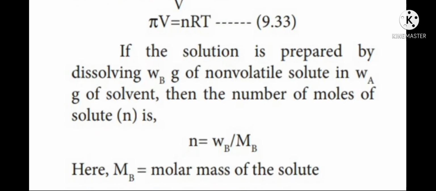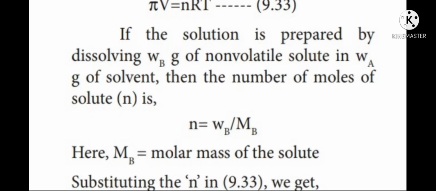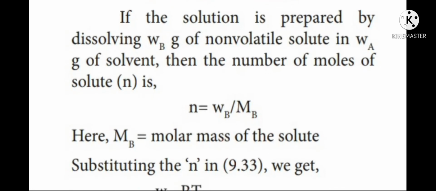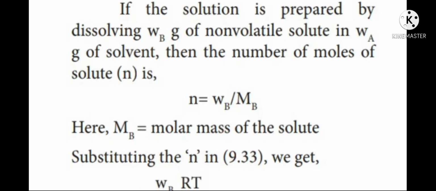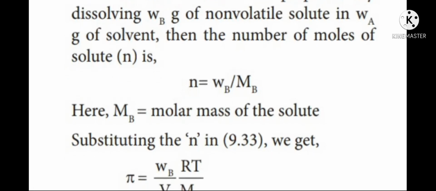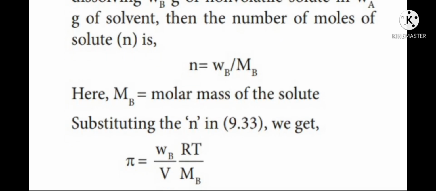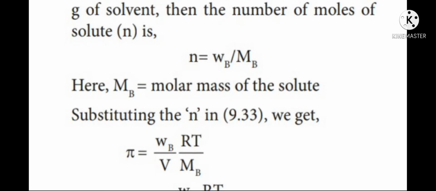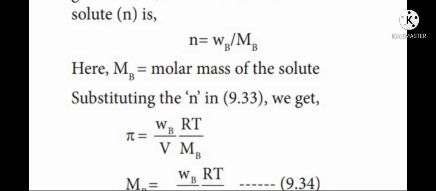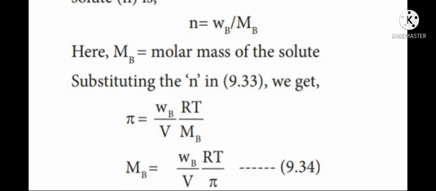Substituting the n value in equation 9.33, we get pi equals Wb RT divided by V Mb. After rearranging, we get Mb equals Wb RT divided by V pi. It is given by equation 9.34. From this equation 9.34, we can calculate the molar mass of the solute.